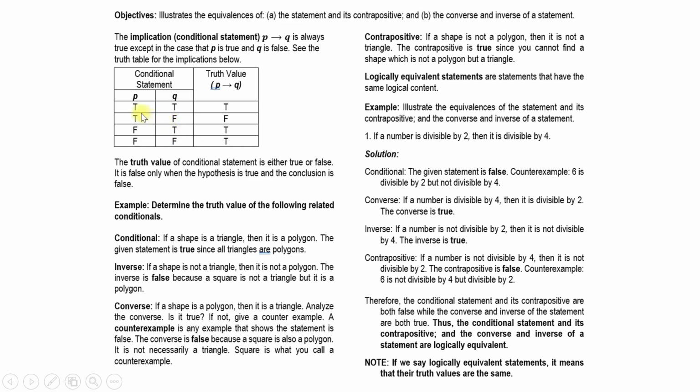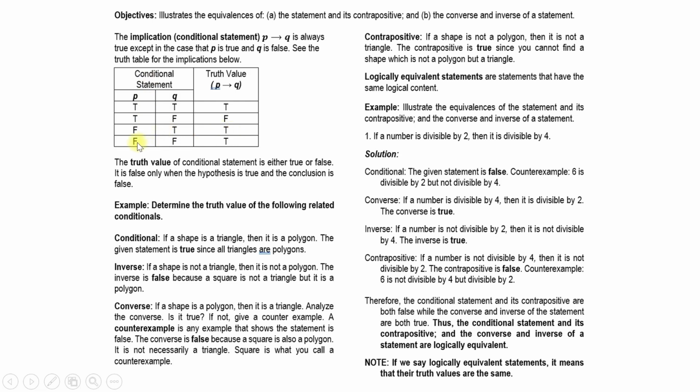So, if our hypothesis is true and our conclusion is true, then our truth value is always true. And if our hypothesis is true and our conclusion is false, then that would be the time that our truth value is false. Then, if our hypothesis is false and our conclusion is true, still our truth value is true.